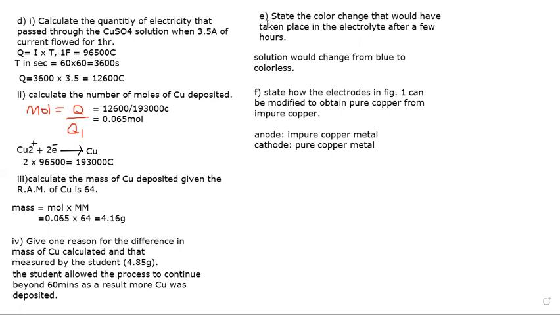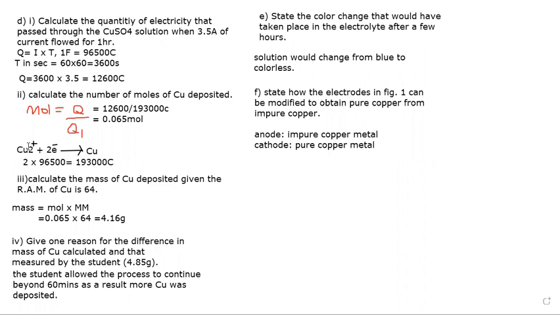Then it says for part E, state the color change that would have taken place in the electrolyte after a few hours. So we know that the Cu2 plus ions are the reason why the copper sulfate solution is blue.